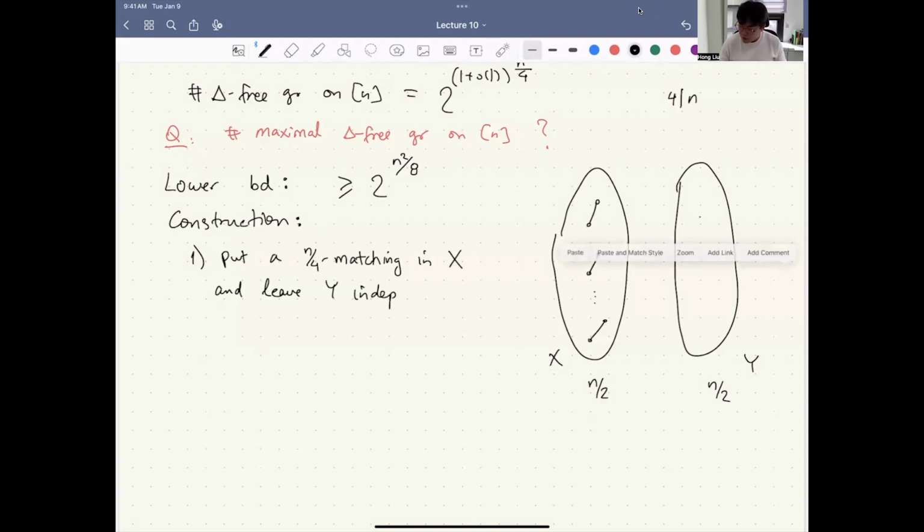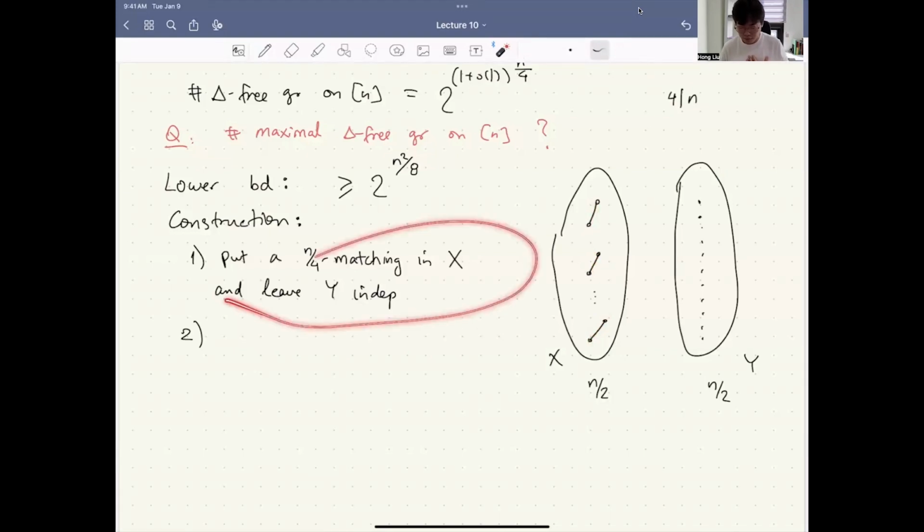So don't do anything for Y just yet. Good. By this, I mean that every maximal triangle free graph we're going to generate contains this perfect matching. This is what I mean here.